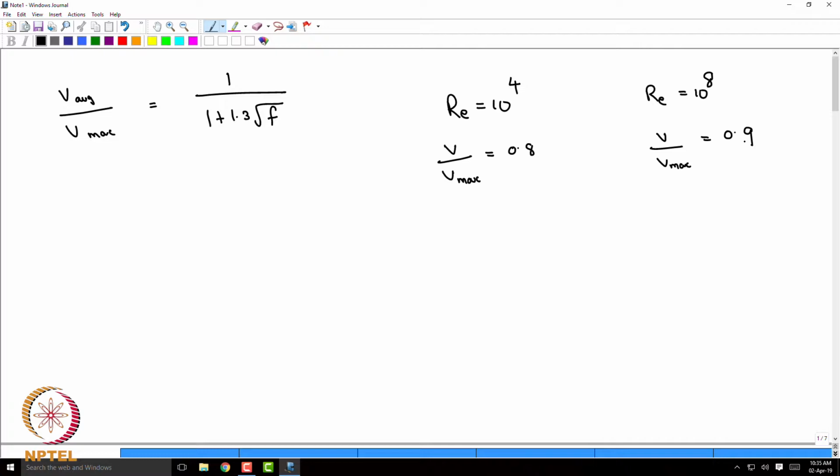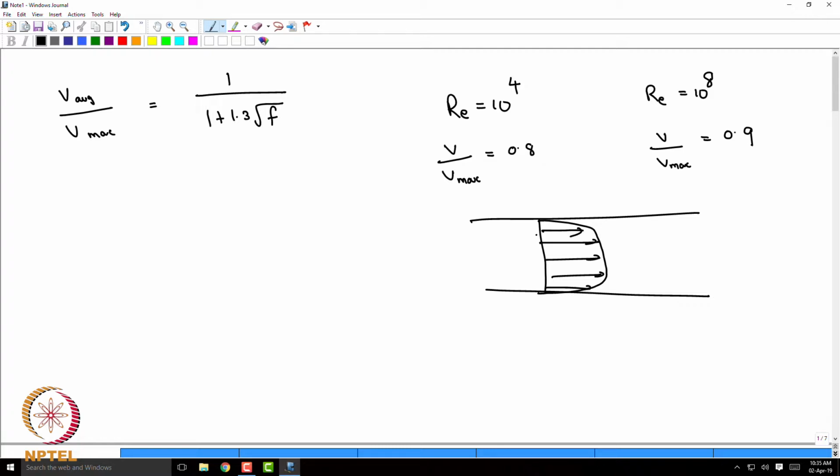Now this says that the average velocity is very close to maximum velocity. That means the velocity profile is going to be almost flat. Something like that. So that's what the velocity profile is going to look like.